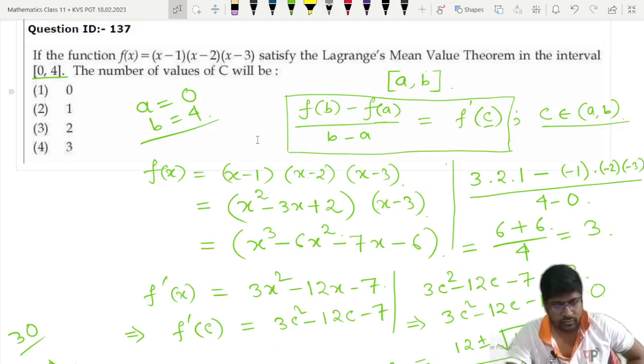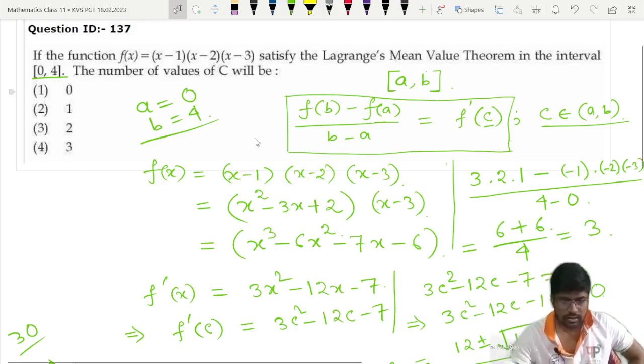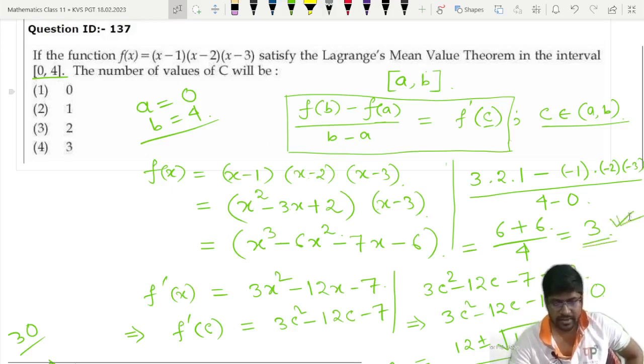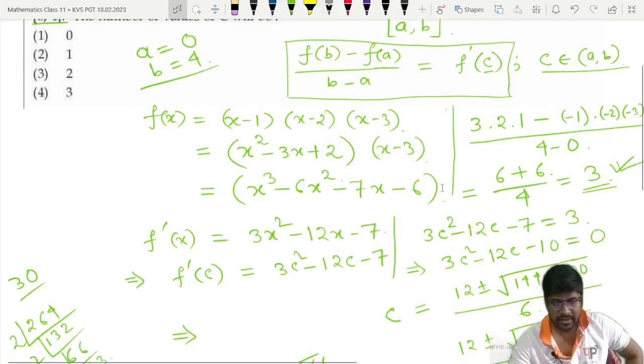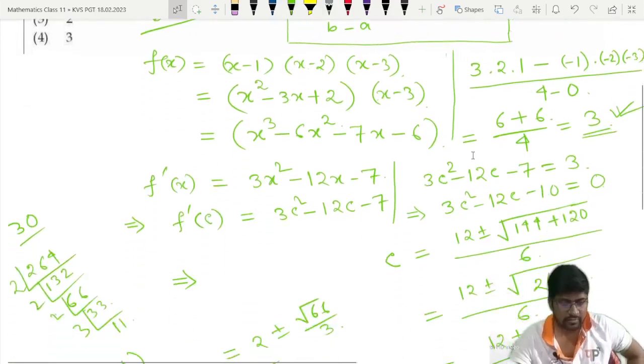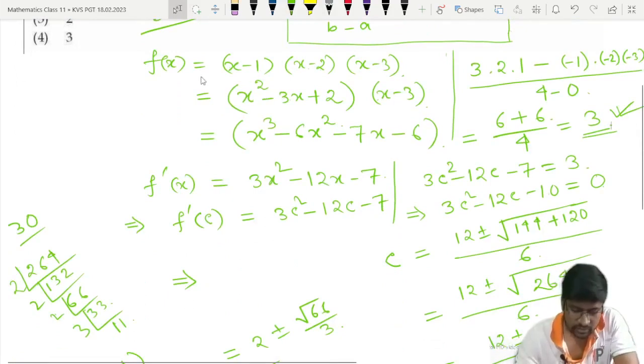Okay, if I put 4, 4 minus 1 is 3, 3 into 2 into 1, 6, minus, again minus plus 12. f b minus f a divided by b minus a is equal to 3. This is correct. But what about f dash c then? Have we done the calculation correctly? So let us recheck once.